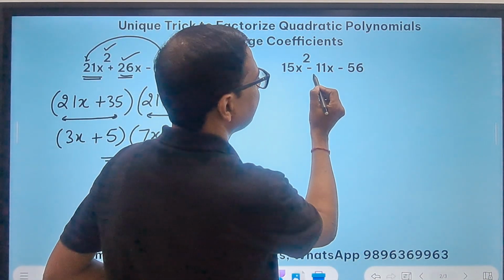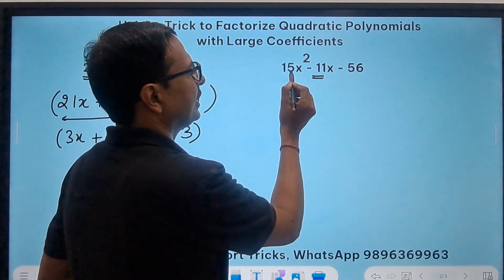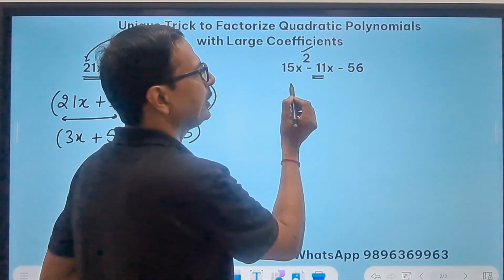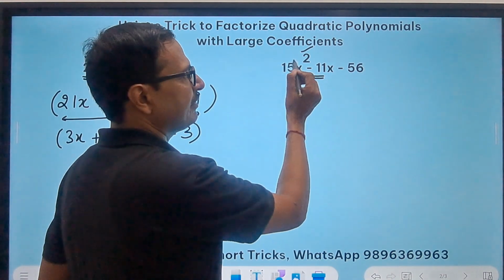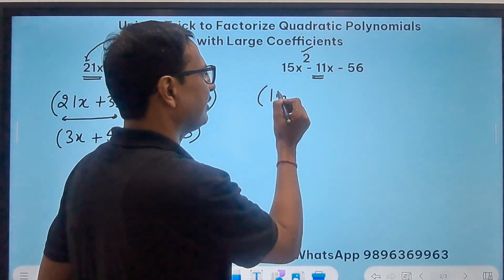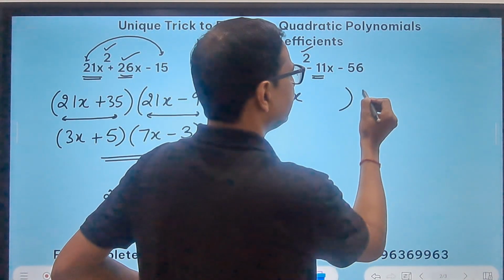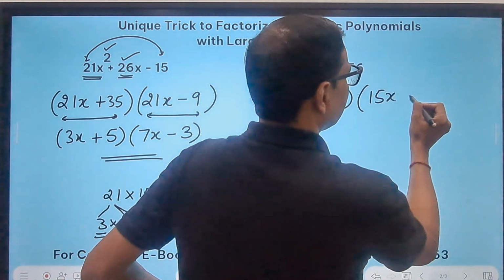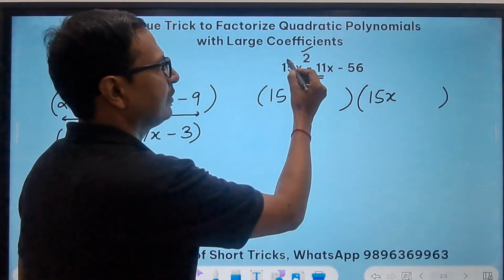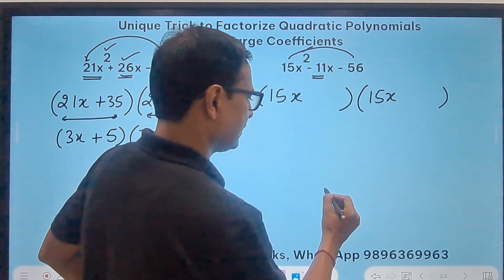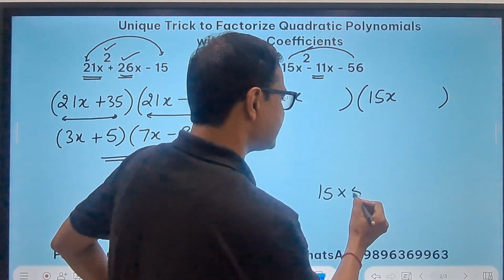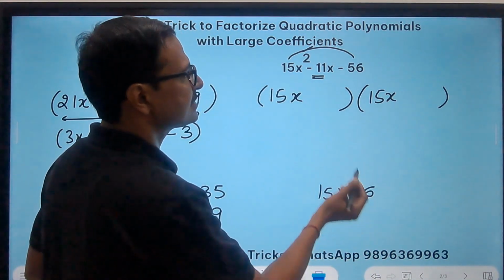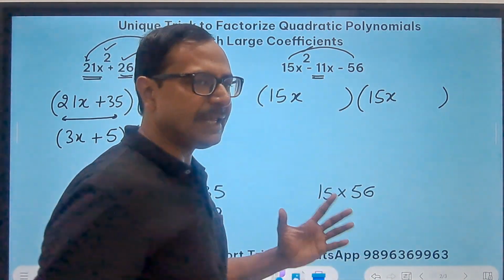Here we have negative 11. So in the beginning I have to ignore the 2 here, the power. So I have a 15x and my factors will begin with 15x. Now the second part, 15 times 56. 15 and 56 is not going to give me 11 in any case, right?